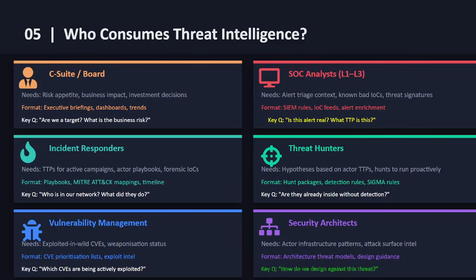He will take this intelligence and do the planning so that next time it should not come. So one intelligence is being consumed in different manners. Just one exploit, and everyone will be taking decisions based on that particular incident.